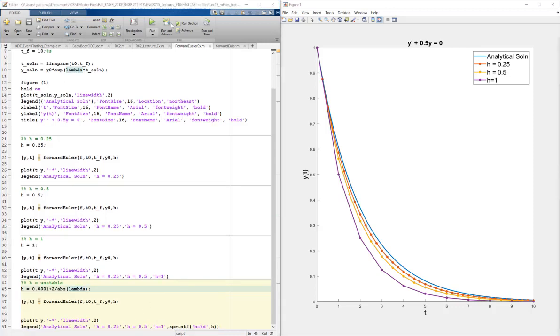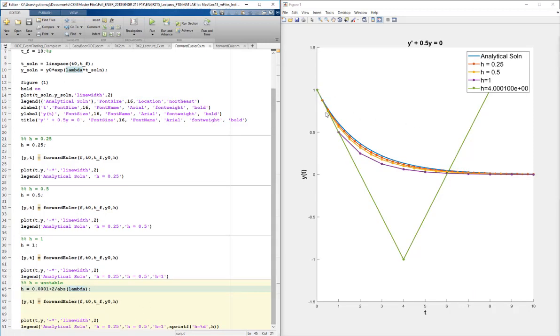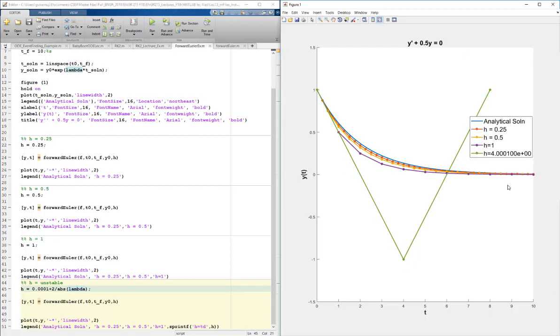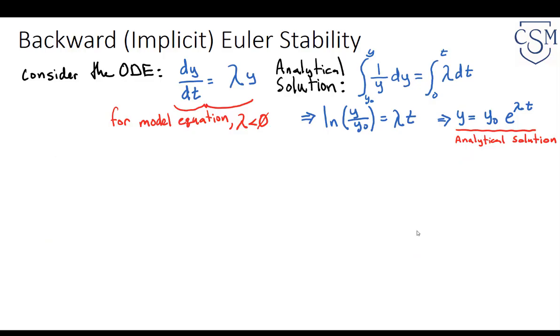Let's go ahead and run it. And we see that our solution, as we take this time step, is varying wildly, and that is what we say is unstable. We've taken too large of a time step, and this method is no longer stable for this numerical solution to this ODE.